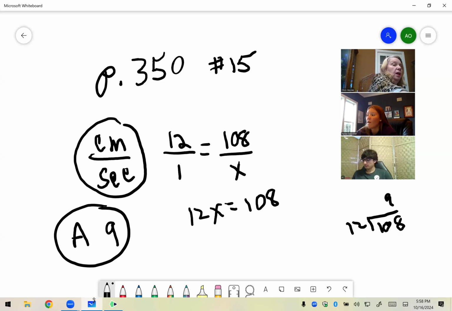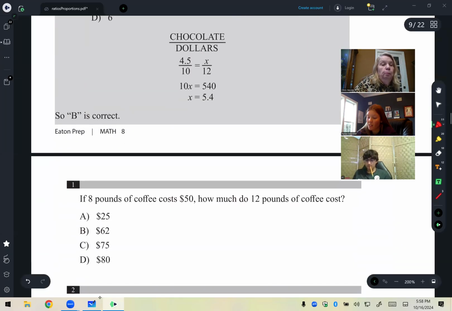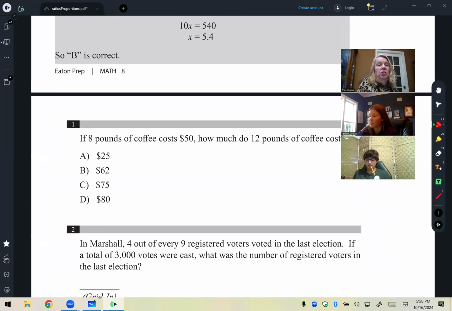So let's go to the next page in the packet. This math lesson isn't too bad. Okay. Again, we're just doing coffee to dollars.